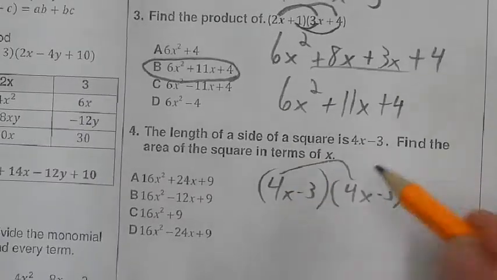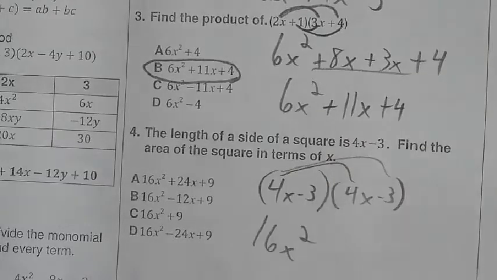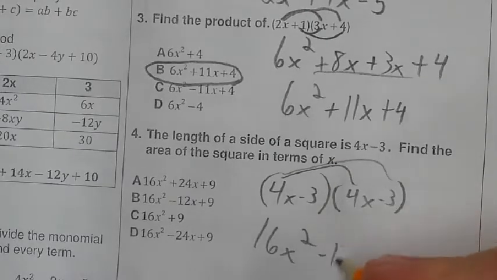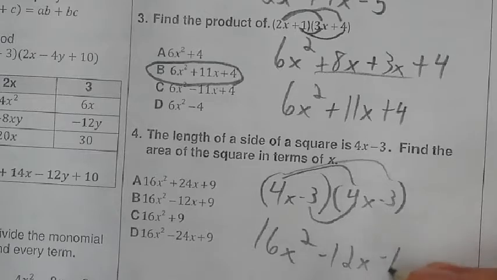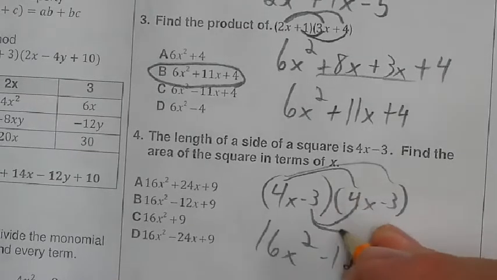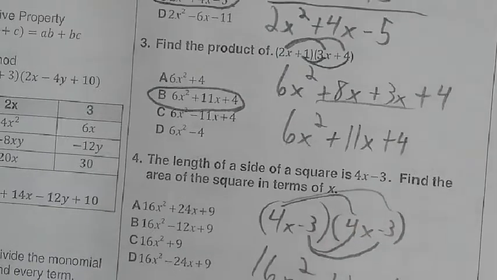So 4 times 4, we know that's 16x squared. 4x times negative 3, negative 12x. Negative 3 times 4x, negative 12x. And then negative 3 times negative 3 is positive 9.